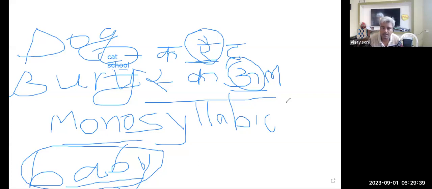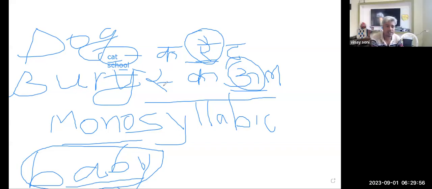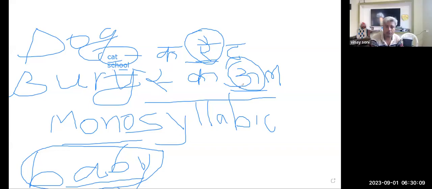Did I say that letters and sounds are different? If you look at my example, when I wrote the word SCHOOL, which vowel sound did I write here? Oo. I didn't write O. I wrote oo because when we say the word, we say school, school, school.